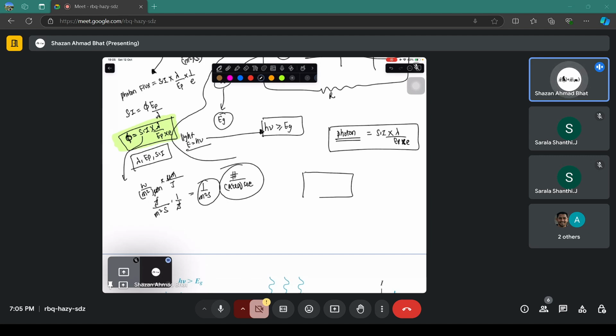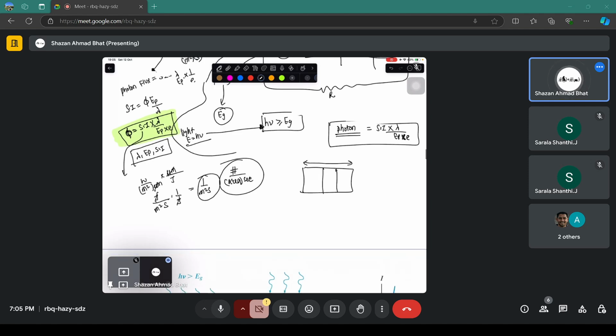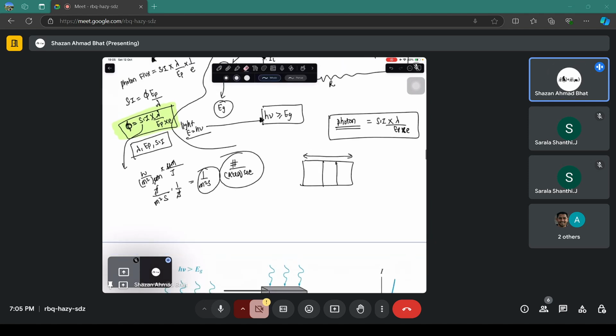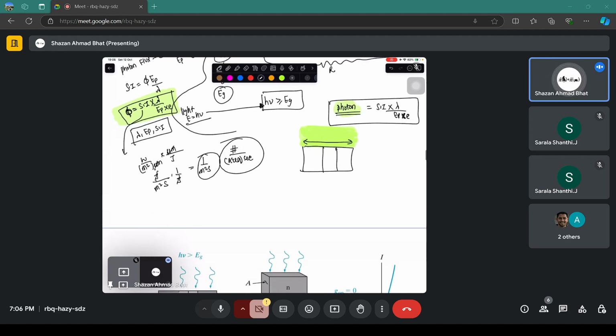Let's say you have a PN junction, and you know how much of the surface is getting irradiated by the sunlight. Knowing the photon flux, you can design your solar cell accordingly to have the maximum photon flux onto this surface, because it depends upon the area on which it is getting irradiated.